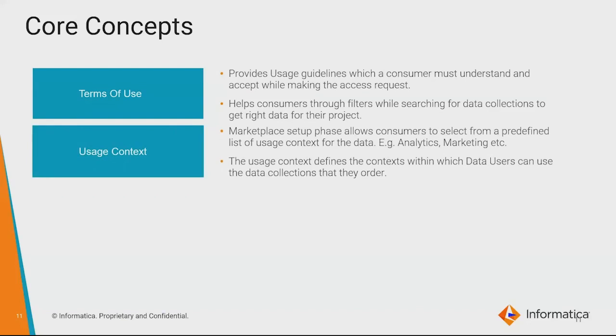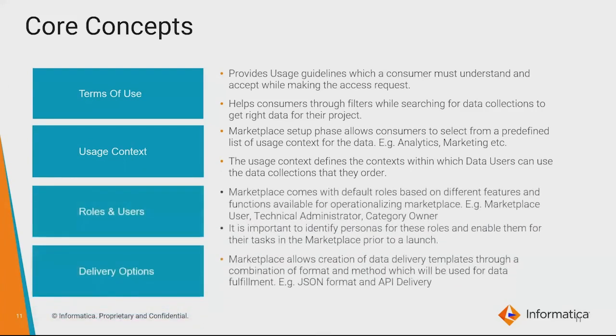There is a predefined list of usage contexts, and you have to choose one from the list when you are putting in the request for a new data collection. So, like analytics or marketing, or you can define it, but someone has to choose from the list which is already there. It binds the data consumers more to the policies or the purpose for which the data should be used.